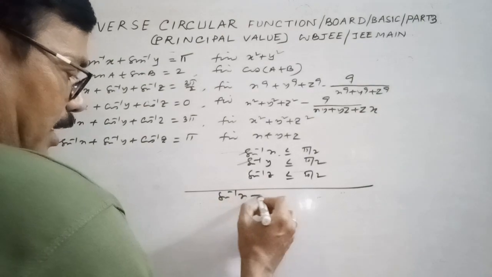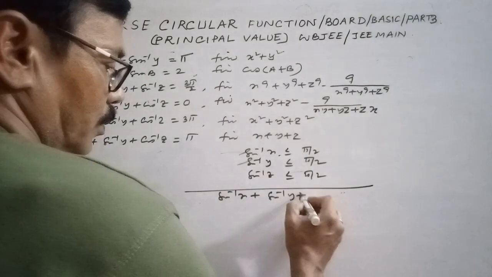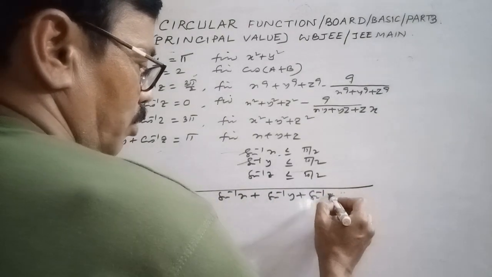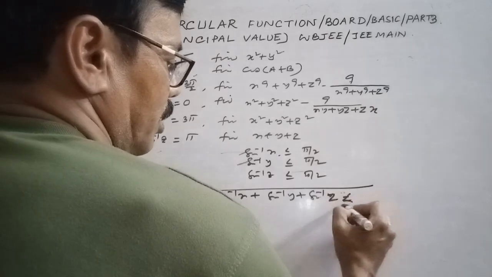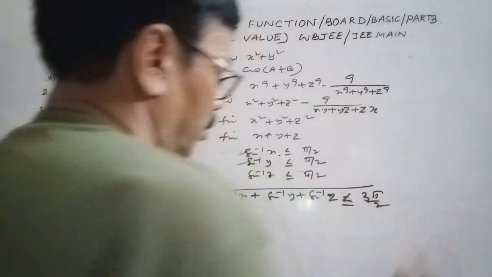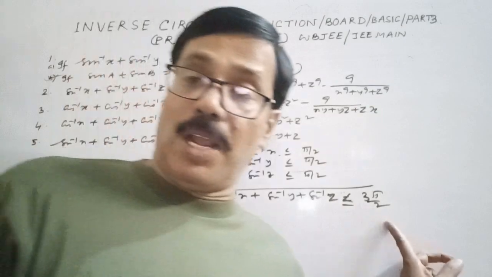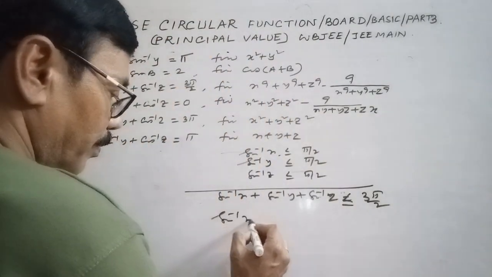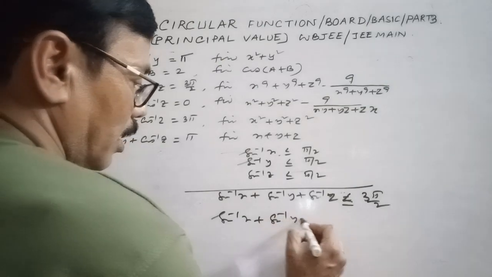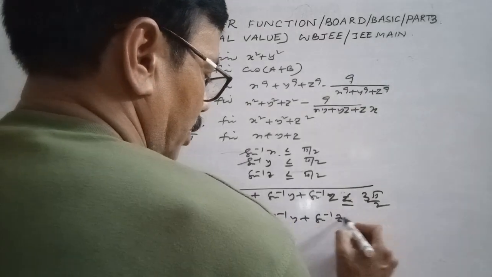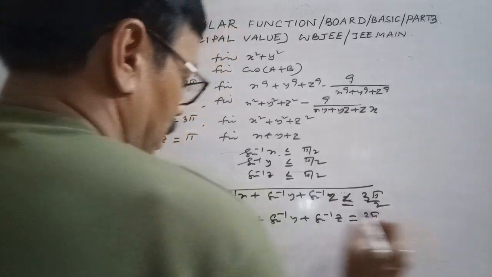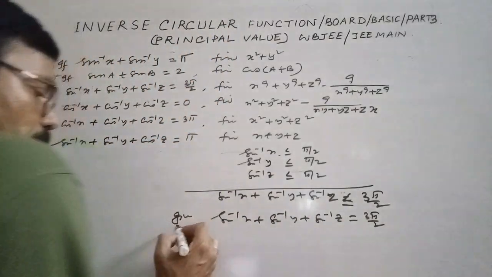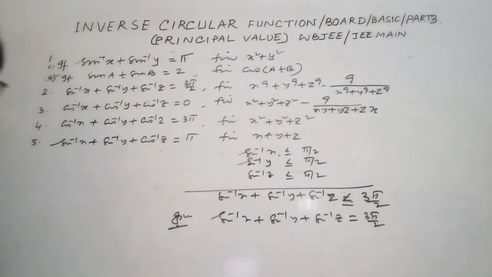So if we add them, this is less than or equal to 3 pi by 2. So the maximum value is 3 pi by 2. And the given relation is 3 pi by 2, so the maximum value is given.